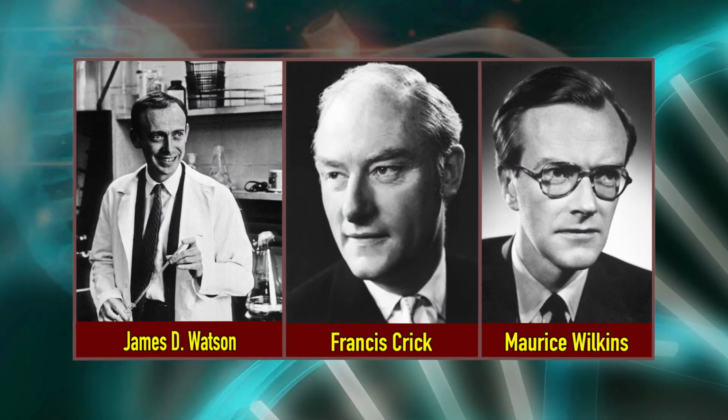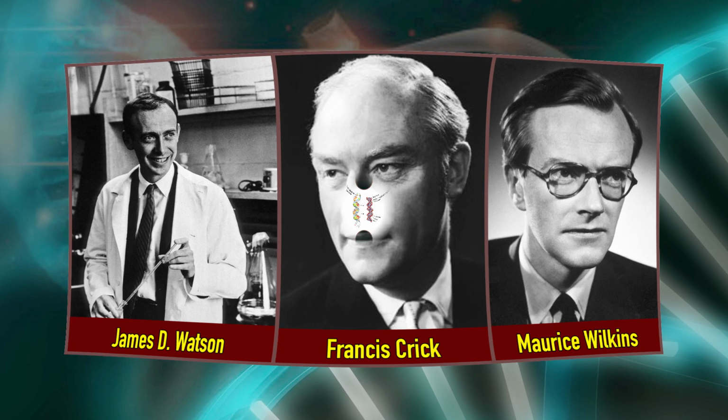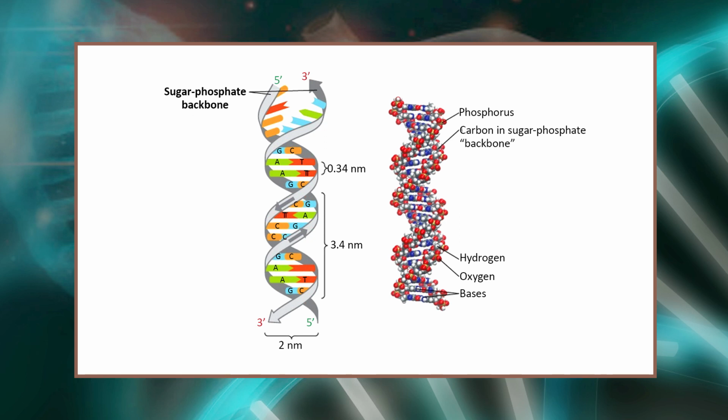A groundbreaking discovery was attained in 1953, when James D. Watson, Francis Crick, and Maurice Wilkins discovered the double helix model for DNA structure, that is deoxyribonucleic acid. It demonstrated that DNA is capable of self-replication by separating both strands of DNA and using them as templates for the synthesis of new DNA molecules.